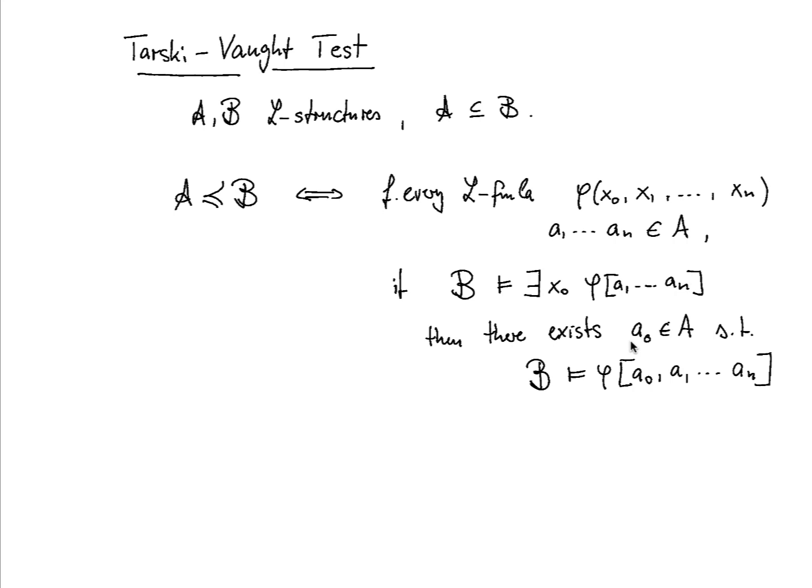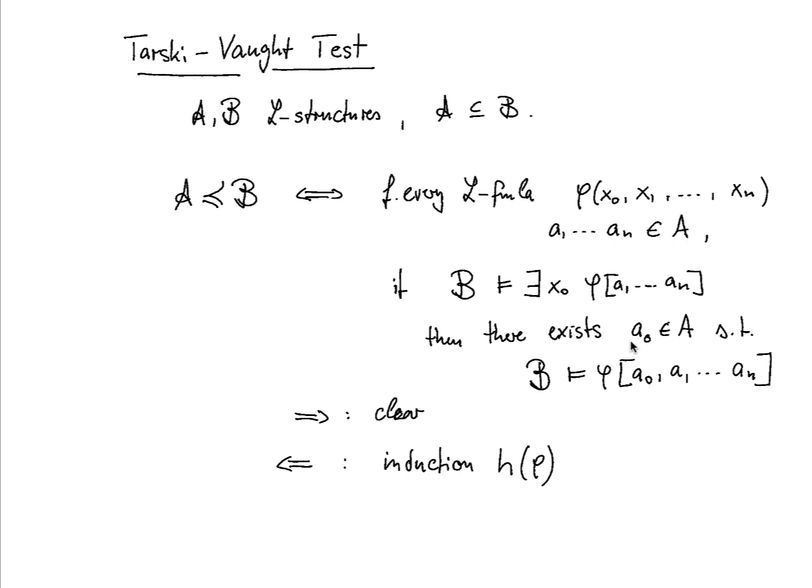And the proof, as usual, I encourage you to try to work this out yourself. So this direction is more or less clear. It follows almost immediately from the definition of an elementary substructure, whereas this direction proceeds by induction on the height of the formula phi.